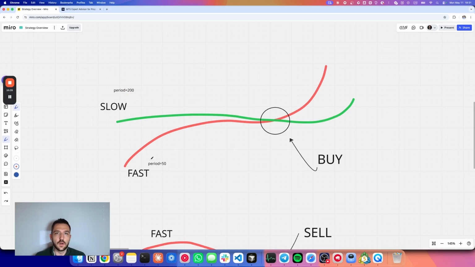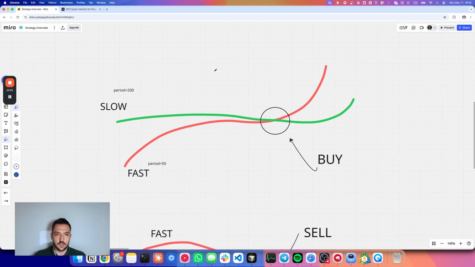Because the faster one, the one that follows the price, says we are going up, and the slow one is like, well, according to bigger history, we were not going up that much, which means there is a shift in the trend, which is why this is the most popular trend following strategy.